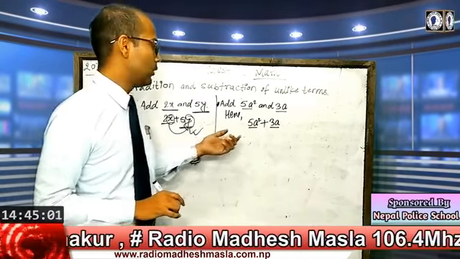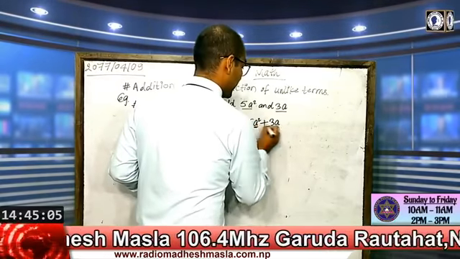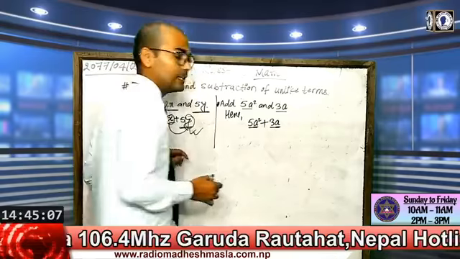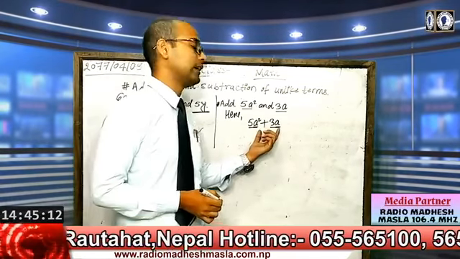We can find it easily: they both have the same base, a and a, but they have different powers.